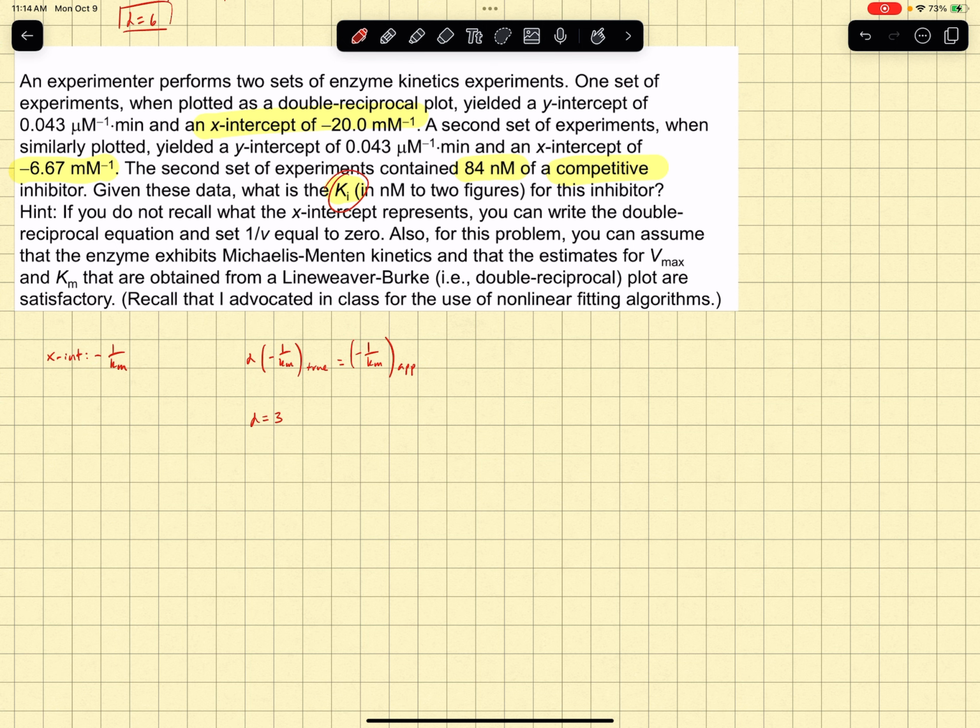The way that you can do that is you have this equation that alpha is equal to 1 plus the inhibitor concentration over Ki. He's given you the inhibitor concentration. It's 84 nanomolar. You can manipulate this equation. Ki is going to be equal to the inhibitor concentration over alpha minus 1. So we can say 84 over 3 minus 1. That's going to give you 42 nanomolar.